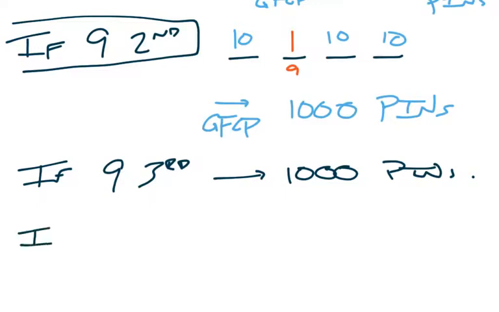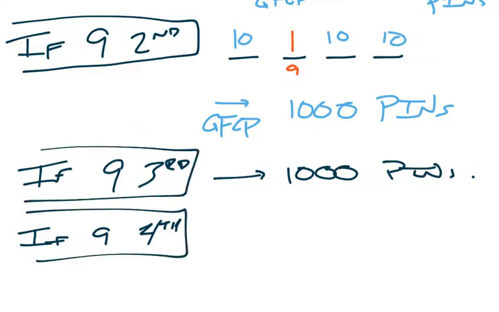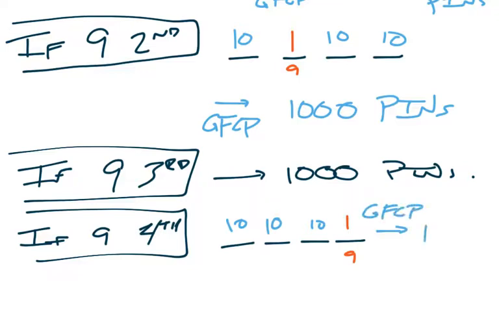And lastly, if the 9 is fourth, I'm going to write it out, but hopefully you are on to the pattern here that we are going to have 1,000 pins. And again, this is by the generalized fundamental counting principle. We get 1,000.